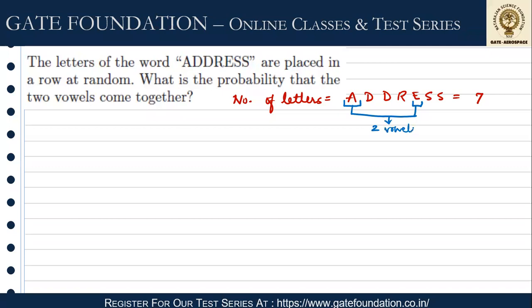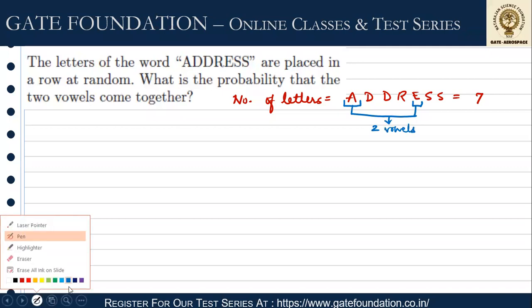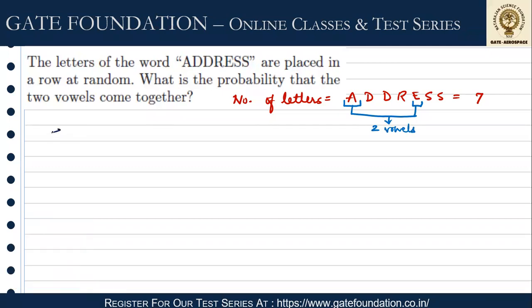These are to be considered as a single unit. So if we consider the vowels to be a single unit, then the number of letters will become 6.